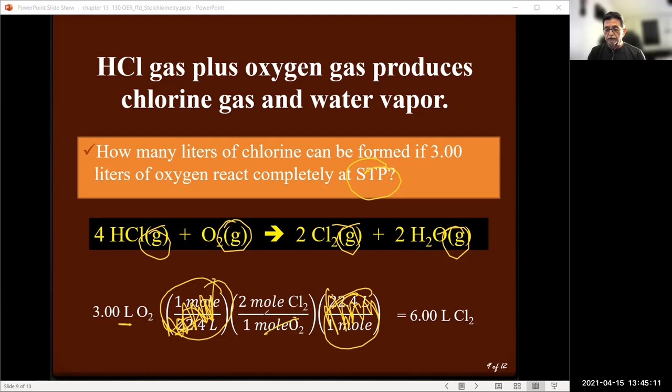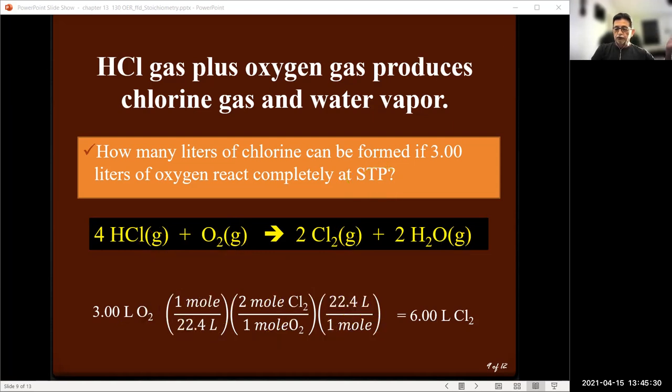Moles of oxygen cancel, leaving me with units of chlorine, which is what we're looking for. So only in those conditions you can simplify your calculation, just using the stoichiometric relationship, which is a 2-to-1 mole ratio. That means if I have 3 liters of oxygen, I'm going to have 6 liters of chlorine.